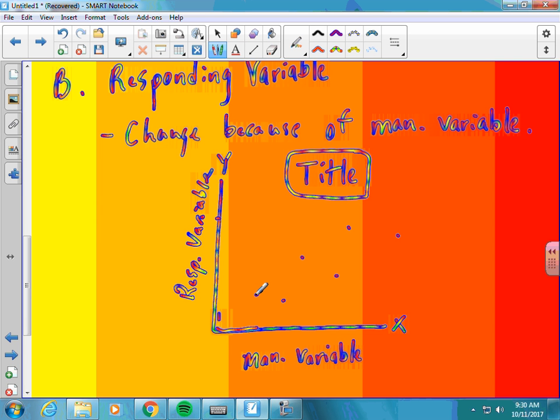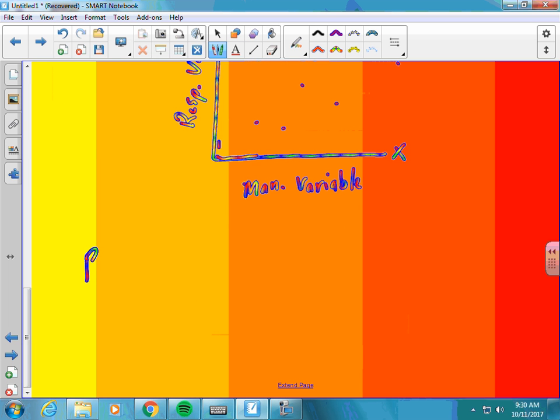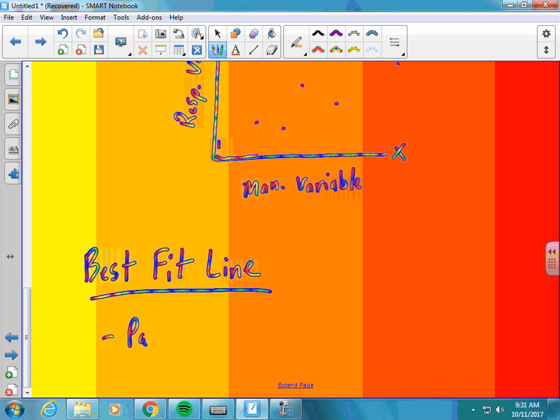So one thing I wanted to show you guys is a best fit line. We're going to be doing best fit lines. So with best fit lines, we're going to look at the general pattern of our data, and we're going to try to make a line that gives us an accurate representation of what the data is showing.